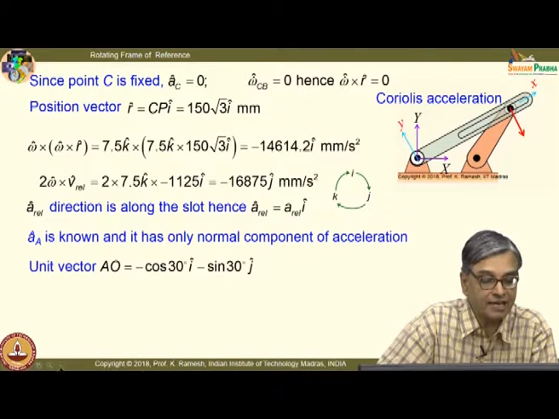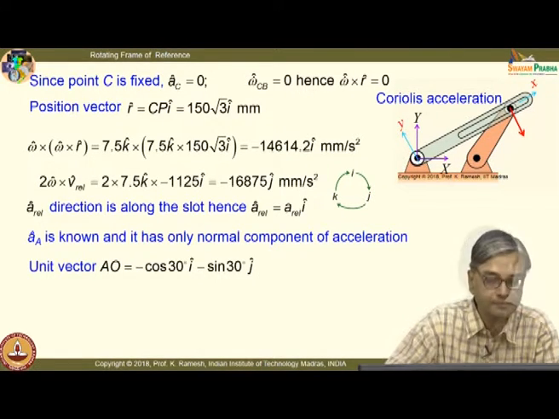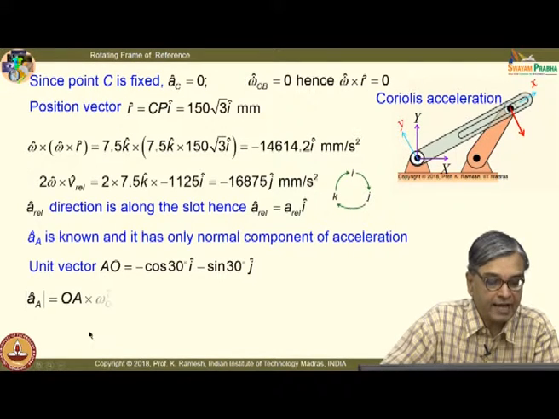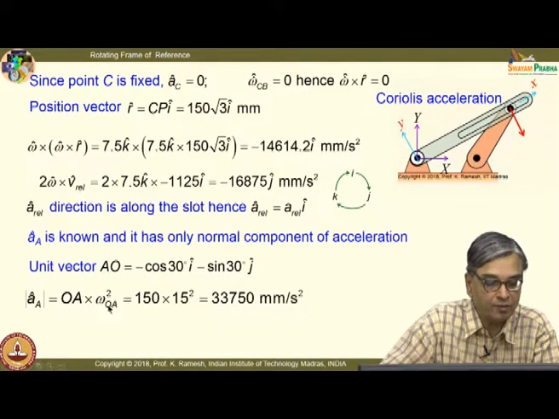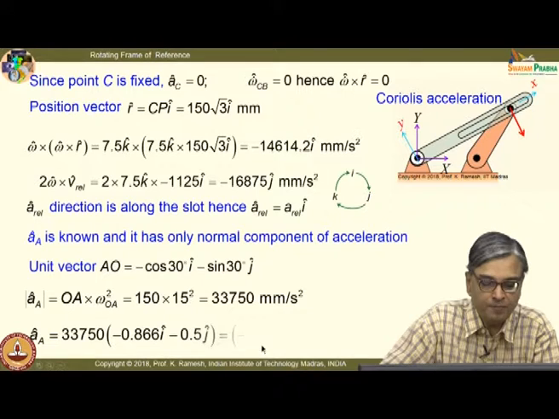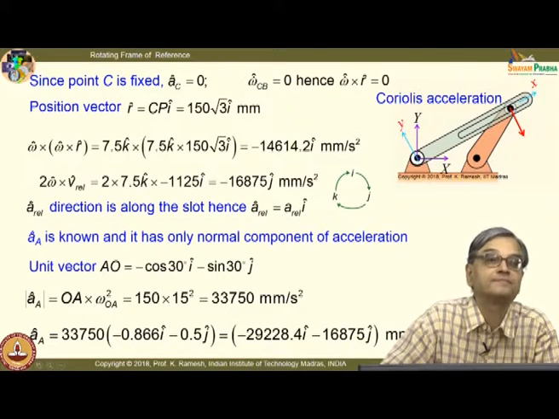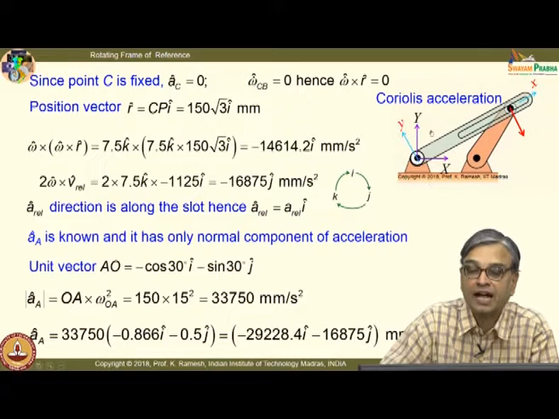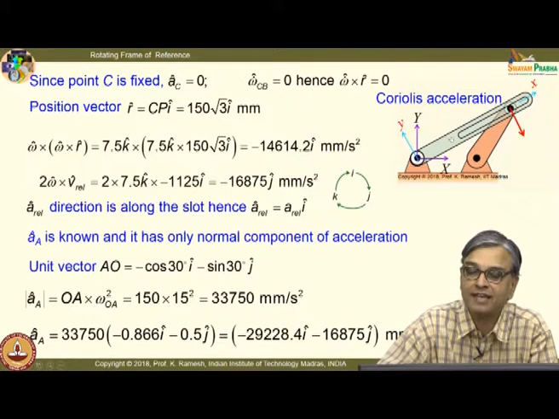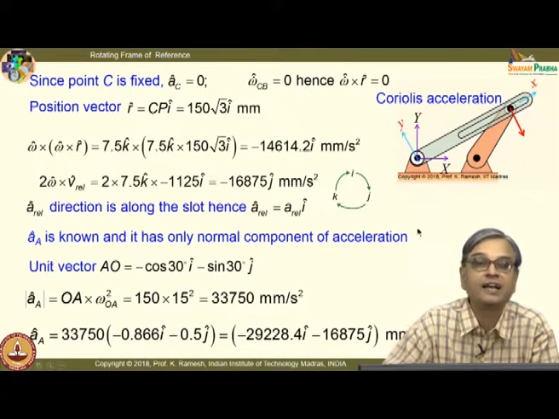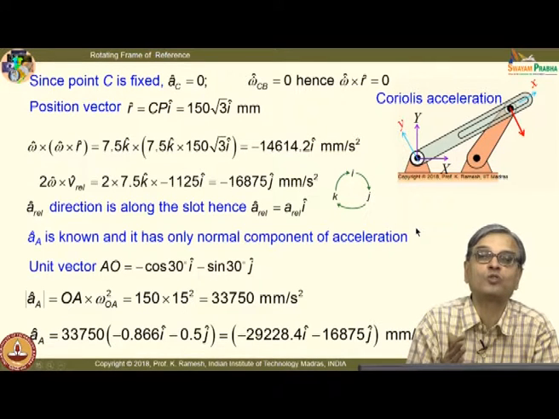So, I have unit vector AO equal to minus cos 30 i minus sin 30 j, and I have the magnitude as OA omega squared OA, and if I write it in vectorial form, it turns out to be like this. So, what I have done here is I have my xy axis fixed frame is like this, but my rotating frame is inclined, and I found it is convenient to write all quantities with respect to the rotating frame of reference.